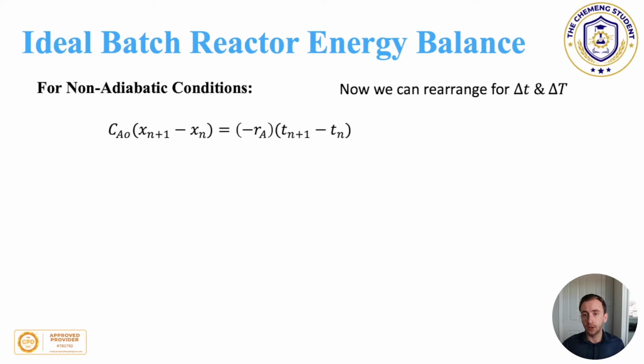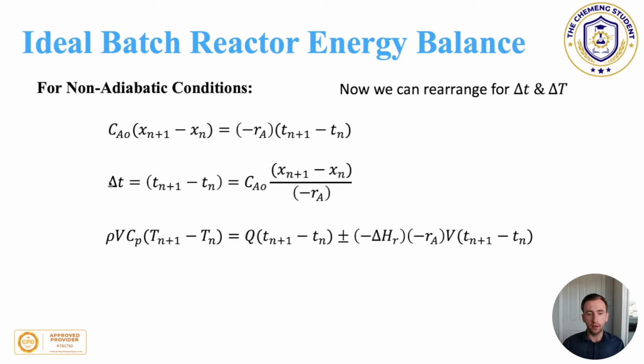So what we need to do here is rearrange for our delta t, which is for time, and our delta T for temperature. If we rearrange for the time parameter using the material balance, then what we end up with is this particular system here. So we have Ca naught delta X over minus Ra.